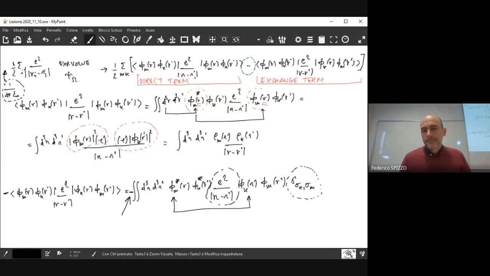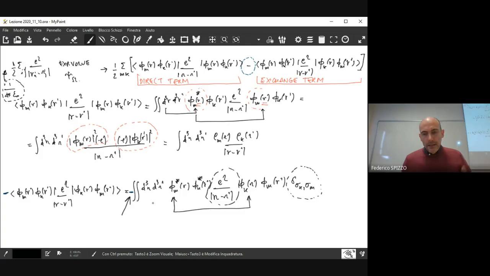So in this case, the Pauli exclusion principle favors the reduction of the energy of the system by keeping electrons with the same spin state far away from one another.